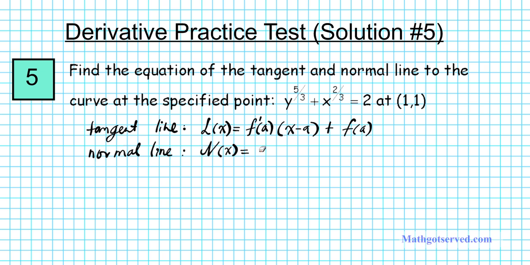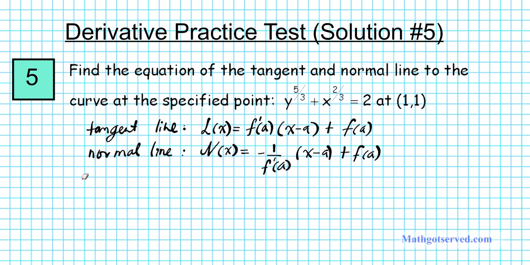If f prime of a is the slope of your tangent line, the negative reciprocal of that will be the slope of my normal line, times x minus a, plus f of a. So all I need is the point a and f of a and the slope to write down the equation of my lines.